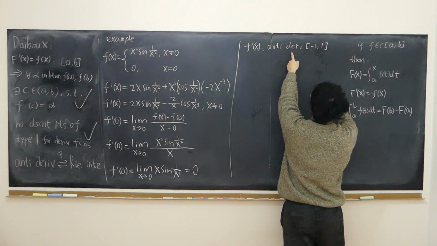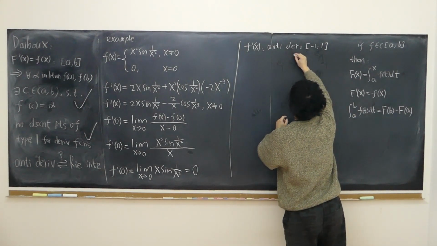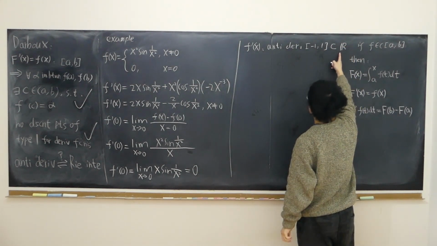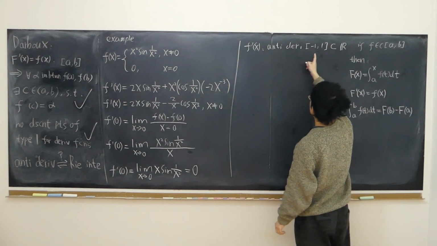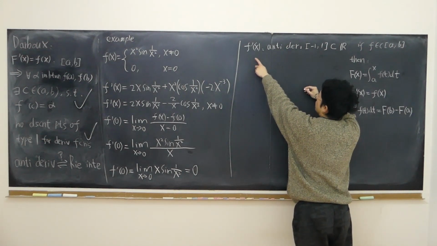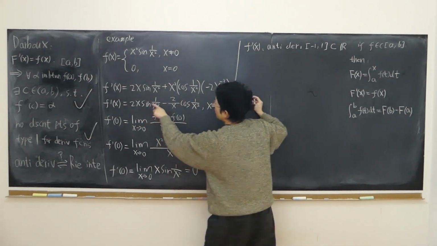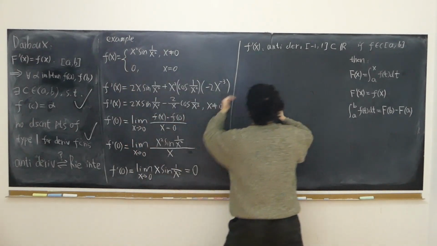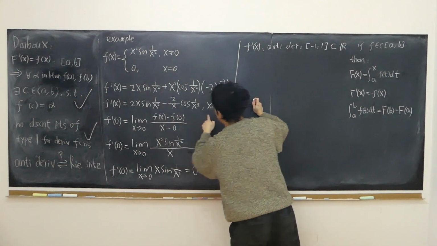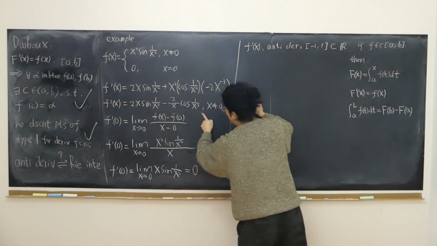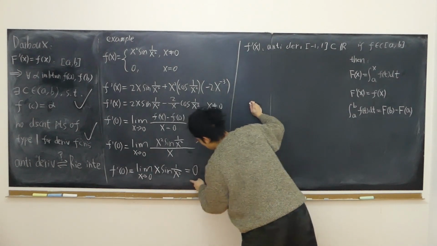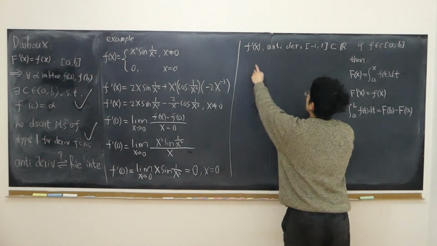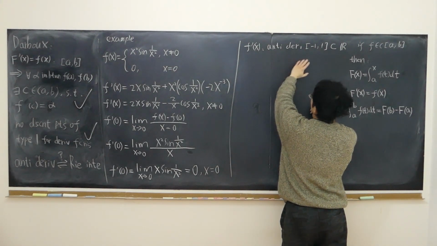Actually, it has an antiderivative over the entire real number line, but of course it has one over this closed interval. So what's its antiderivative? Its antiderivative is given by little f, because the derivative of little f is given by f dash of x, when x is not equal to 0, by this expression, and when x is equal to 0, by 0. So it really has an antiderivative everywhere.